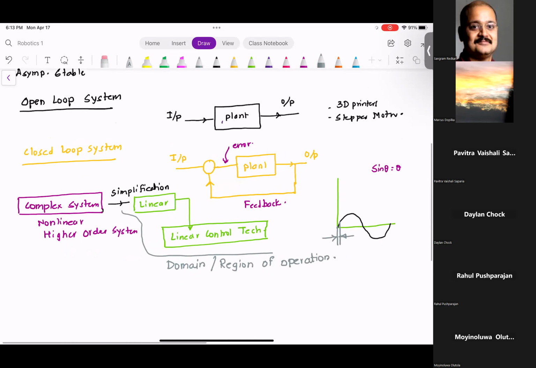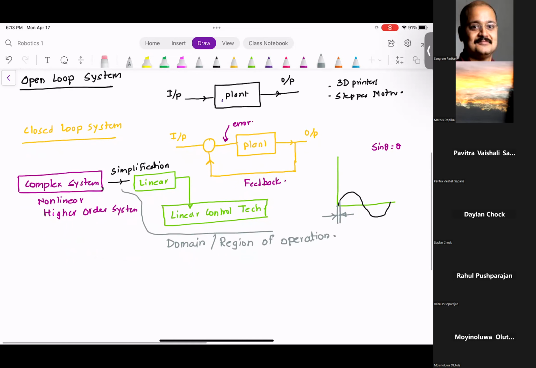So the question is, what is an easier way to control this type of system? In the past, what we have seen is, if you want to analyze, we can use the Laplace transform. Probably you have seen this, or you can use some type of approximation techniques.